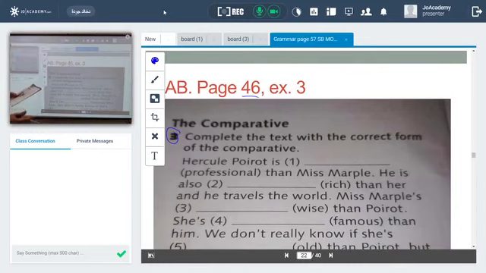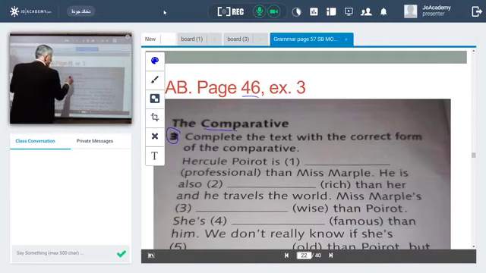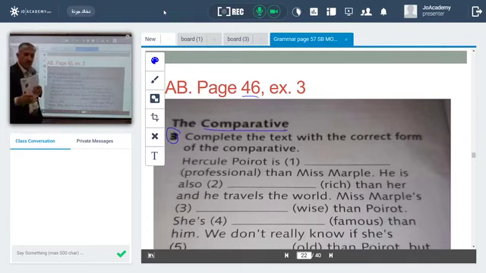We have professional, rich, wise, famous, old, and pleasant. These are 6 adjectives. And here we are asked to use the comparative form, not the superlative. We have to concentrate on the comparative form. So what do you think?